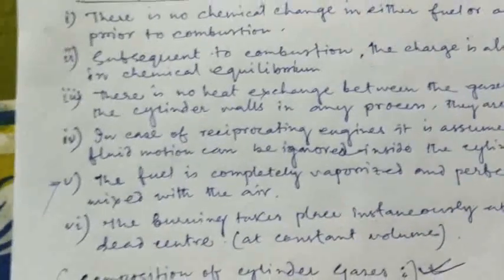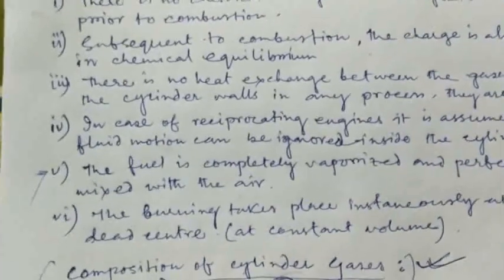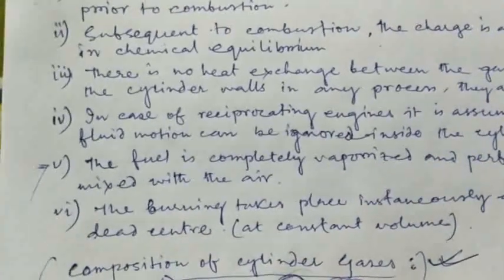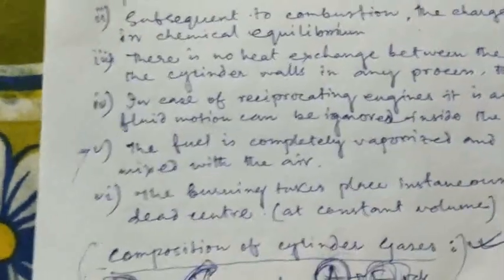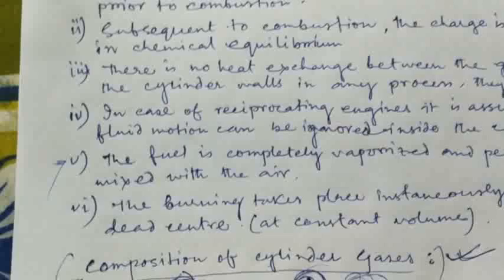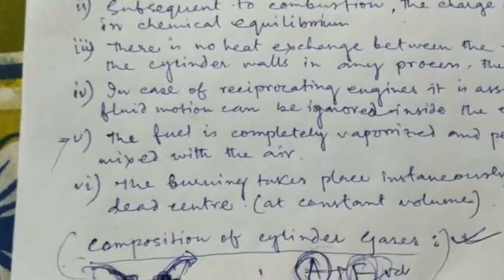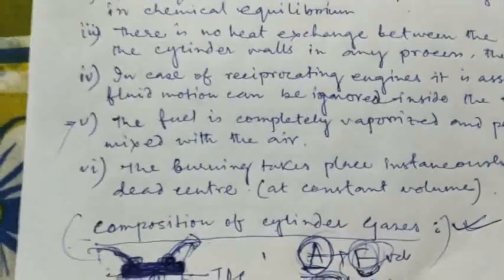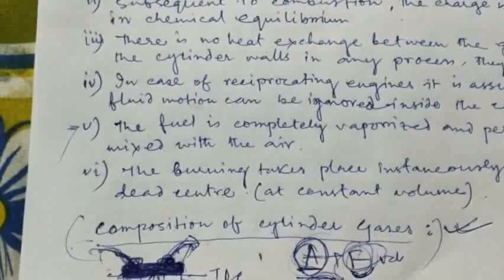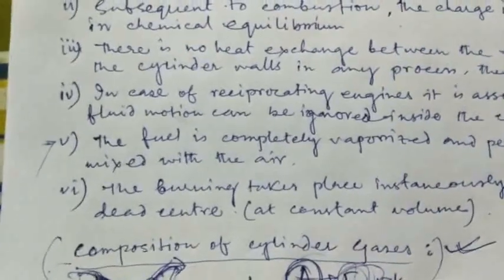In this case we will consider the fuel air mixture as the working fluid of the cycle, because we know in an actual engine there will be not only air as working fluid, because we need to introduce fuel for heat addition, so there will be a fuel plus air mixture as working fluid, and products will be created after burning accordingly.